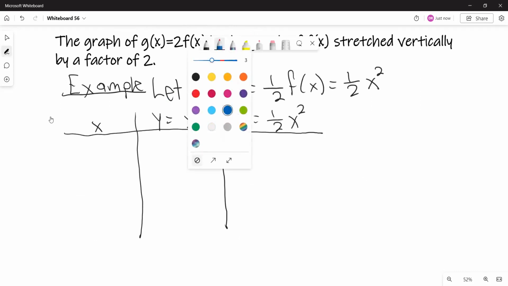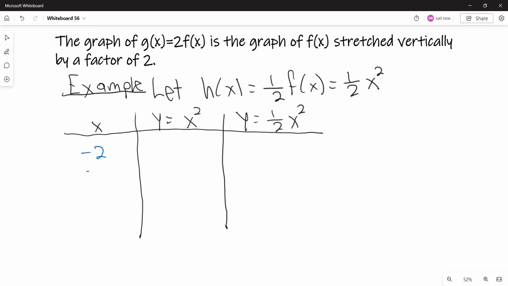Okay, we know the values. And for 1/2 x squared, y equals 1/2 x squared, that means y is going to be half of the value in the middle column. Half of 4 is 2. 1/2 times 1 is 1/2. 1/2 times 0 is 0.